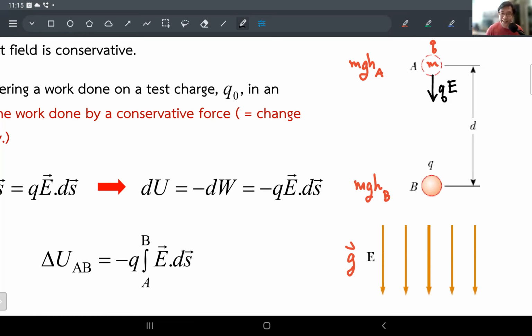So as long as you're going along the field, you are going in the direction of lower potential energy. And the better thing is, because you can make the analogy with the electric, mass is equivalent to the charge, g is equivalent to E, and h is equivalent to the distance. So you should expect that the formula for the electric potential energy is going to be QEd. And the answer is yes.